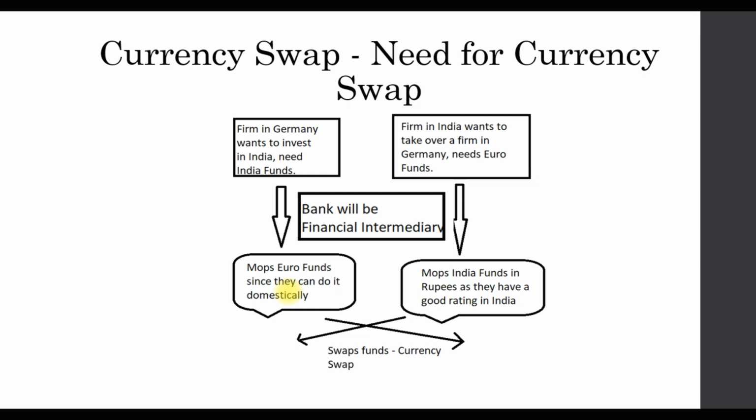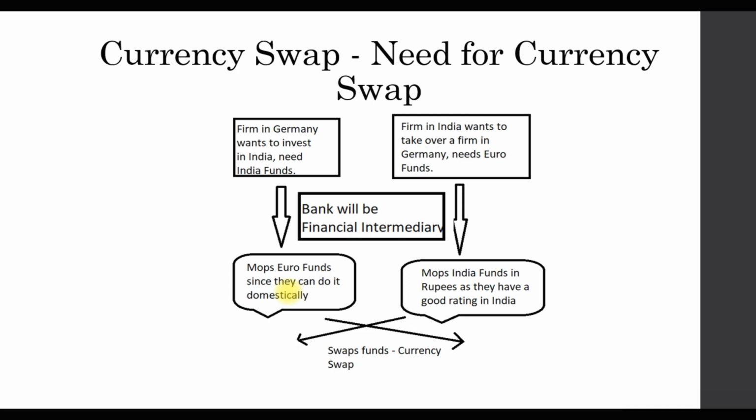For example, if a loan taken by a company is denominated in one currency and the revenues that get accrued for the same company are in another currency, there is currency mismatch. So the need for currency swap arises whenever a client faces currency mismatch.